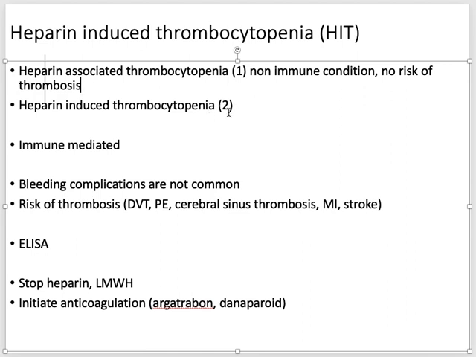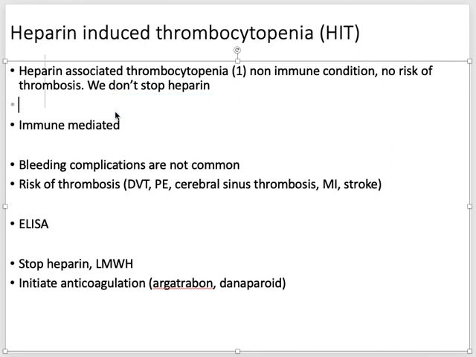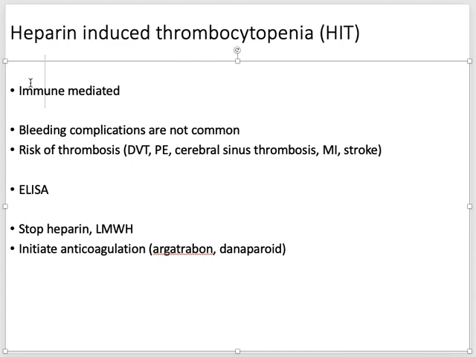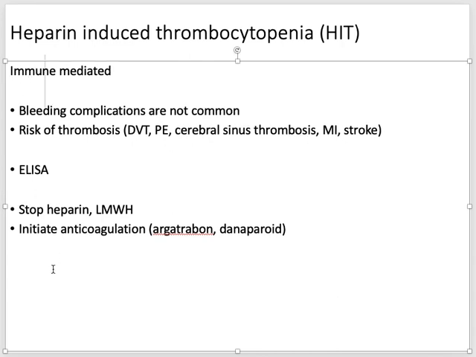So in this one we don't stop heparin. I should remove it from here, because that is written above. Remember guys, I will fix it so you are not confused.